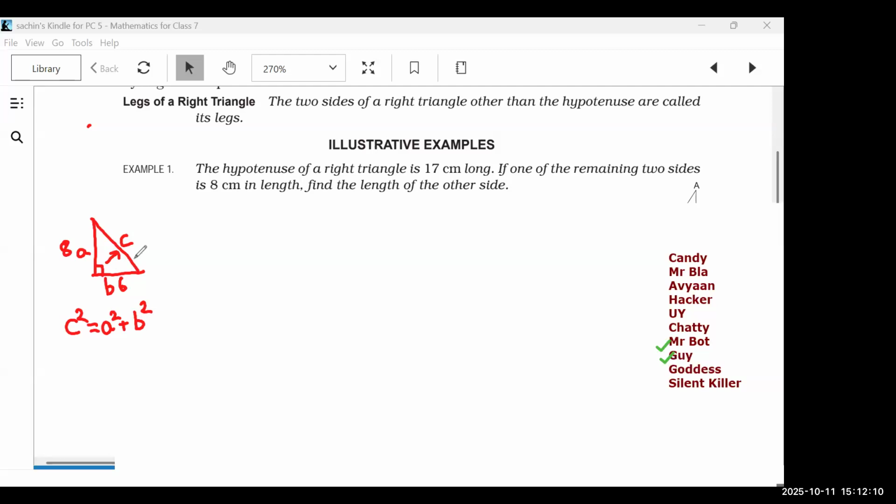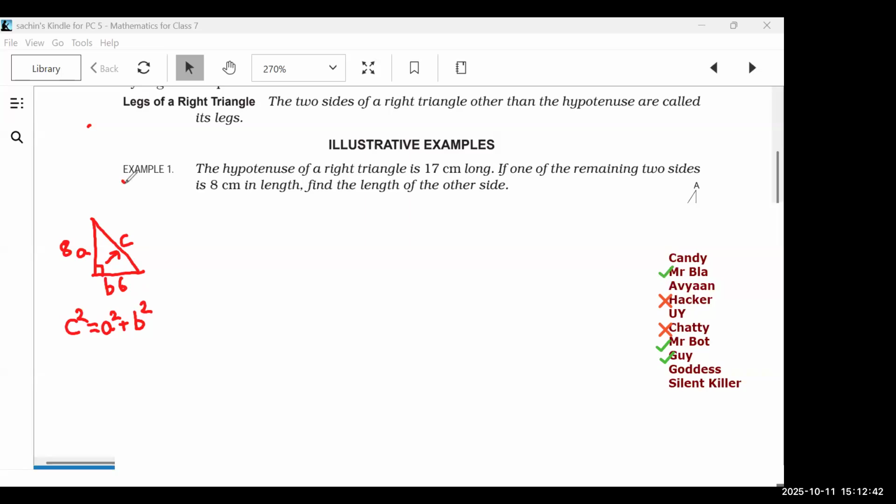Shania, can you solve it and tell me what will be the value of C? Okay, sir. Ten. 10.